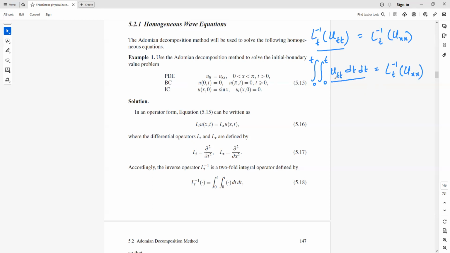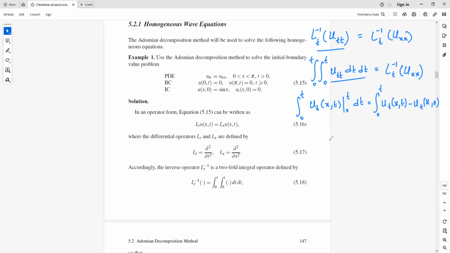Now if we integrate this function, the first integral gives the integral from 0 to t of ut(x,t) dt, which equals ut(x,t) minus ut(x,0).